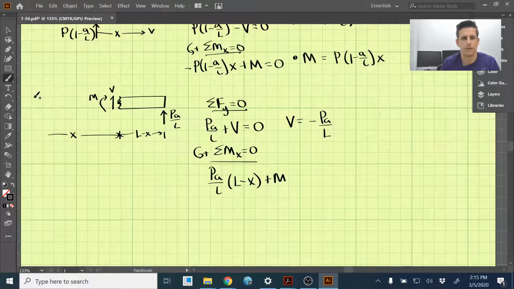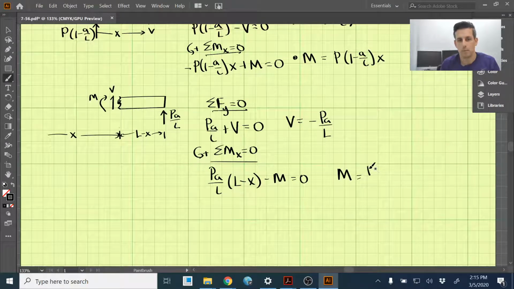No, that's negative, so let's make sure that's negative M equal to 0. So solving for M, we have PA over L times L minus X.